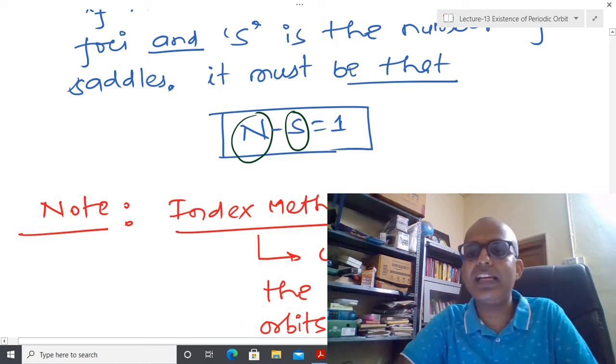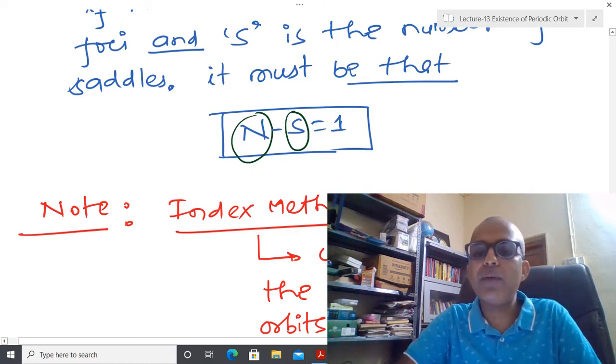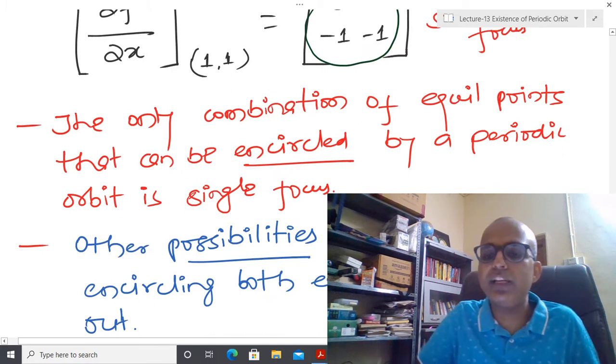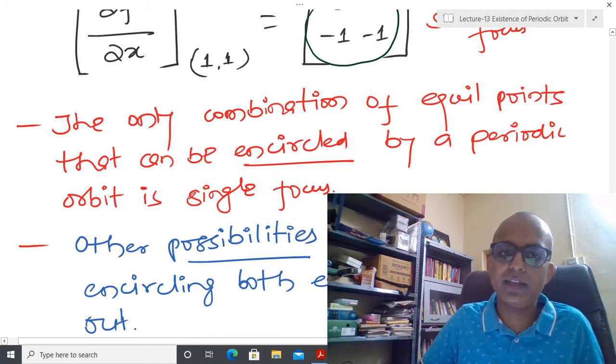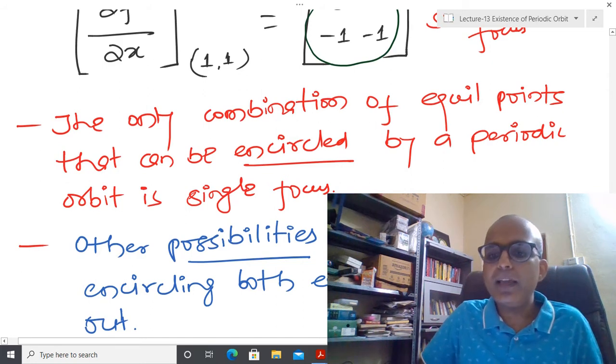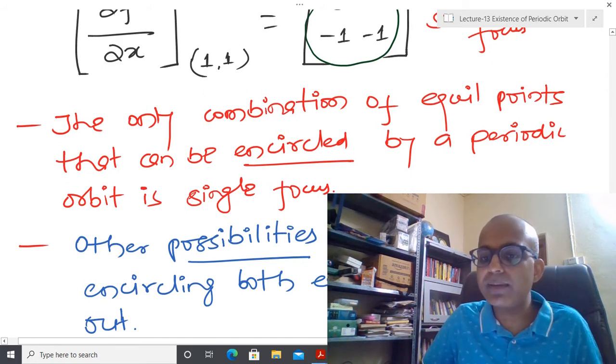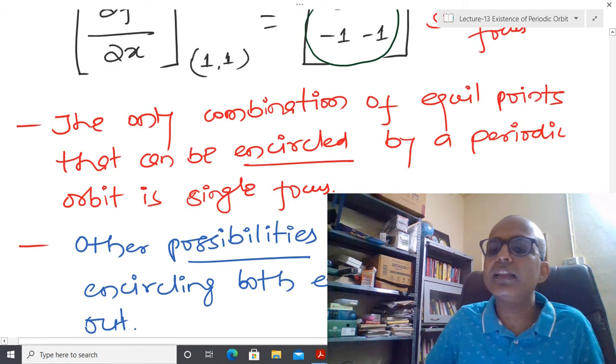Due to that reason we say that if I create a region which includes both, then there is no periodic orbit. But if you construct a region like this, then there might be a periodic orbit. Anyone has confusion on this? Now suppose you draw one region like this.